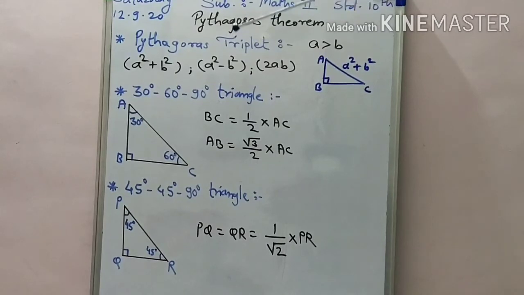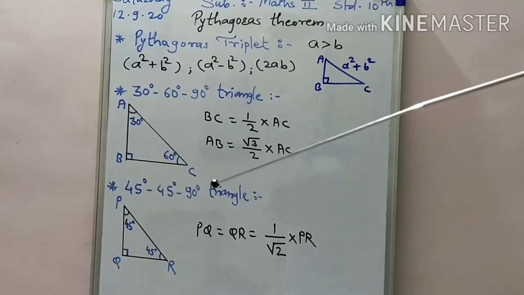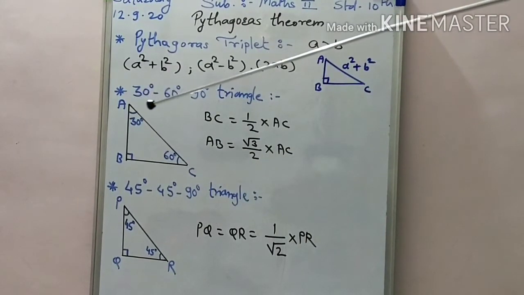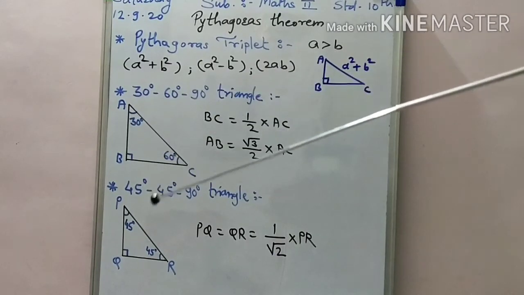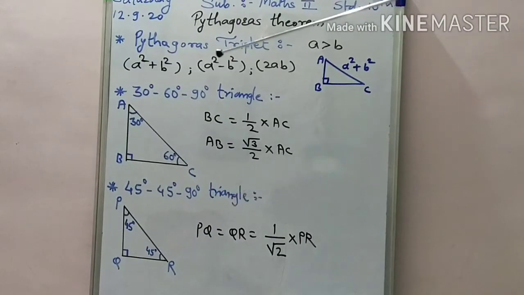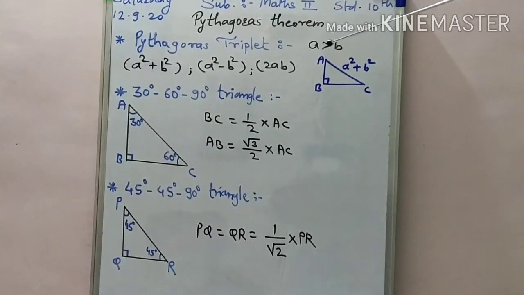Before that, we have some concepts that we already studied in our 9th standard also. The property of the 30-60-90 degree triangle, and the property of the 45-45-90 degree triangle. And there is one more concept, Pythagorean triplet. If a and b are two natural numbers and a is greater than b, then using this formula we can find the Pythagorean triplet.